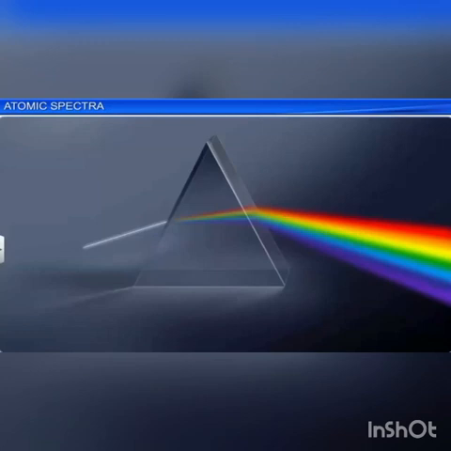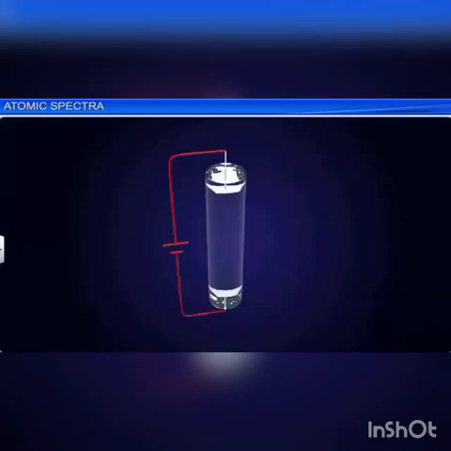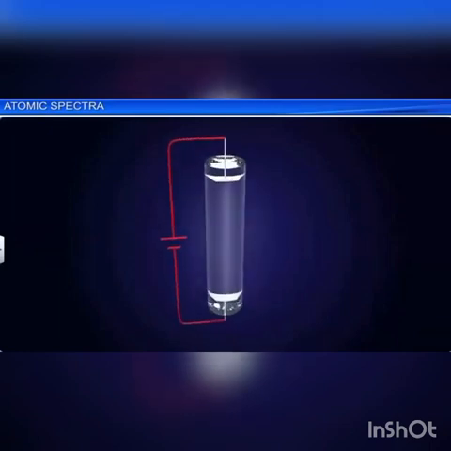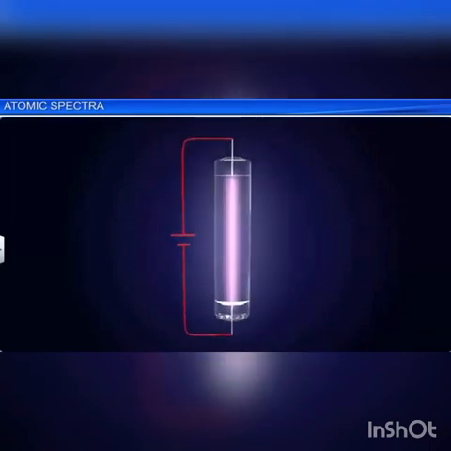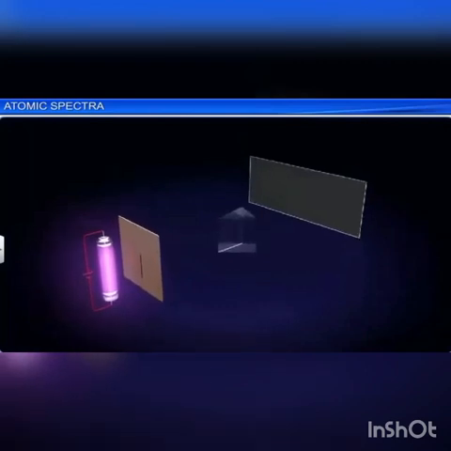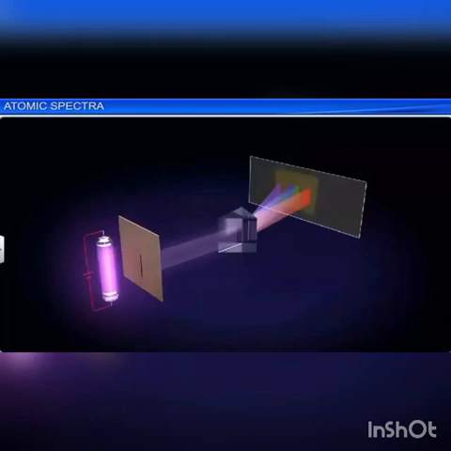Similarly, when hydrogen gas, which is enclosed in a sealed tube, is heated to high temperatures, it emits radiation. When this radiation is passed through a prism, we obtain the hydrogen spectrum. This spectrum is not a continuous spectrum. It consists of some sharply defined discrete wavelengths.